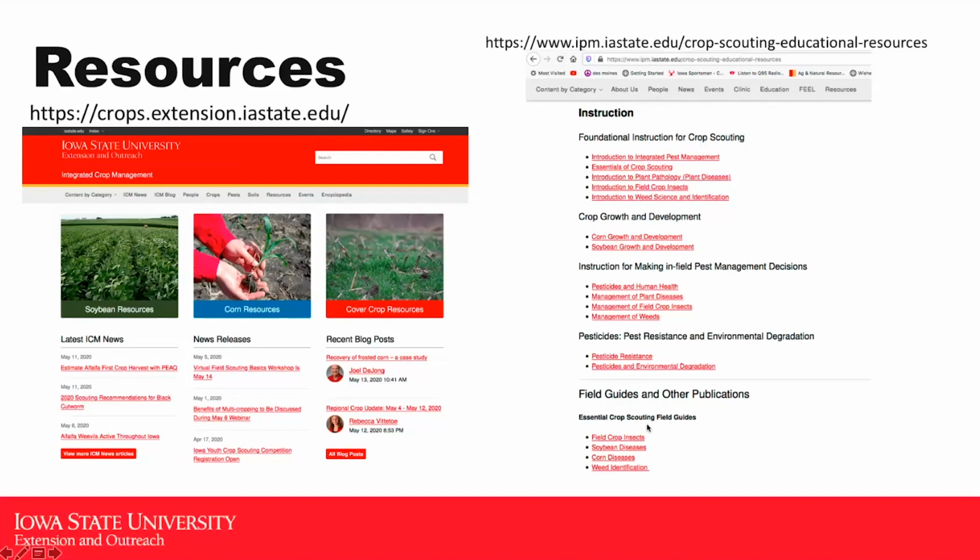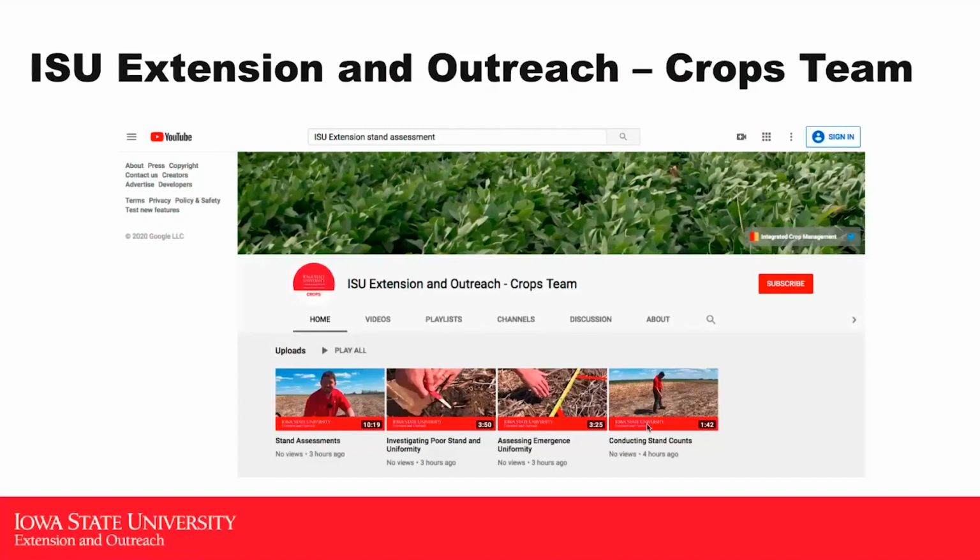Now, the other part of your question was going back into soybeans, and does it matter as much? Definitely not. So emergence timing on soybean, I'm not nearly as worried about as I am plant-to-plant spacing. I think trying to get even spacings is more critical than making sure you have soybeans emerging on the same date.